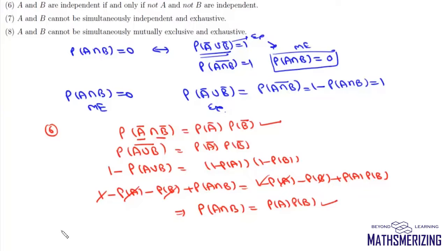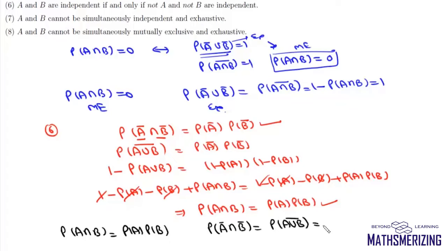So if we assume P(A intersection B) is PA into PB, that is A and B are independent, then we can write probability of A naught intersection B naught as probability of (A union B) naught, which is 1 minus probability of A union B. That will be 1 minus probability of A minus probability of B and plus probability of A intersection B. Now probability of A intersection B is PA into PB.